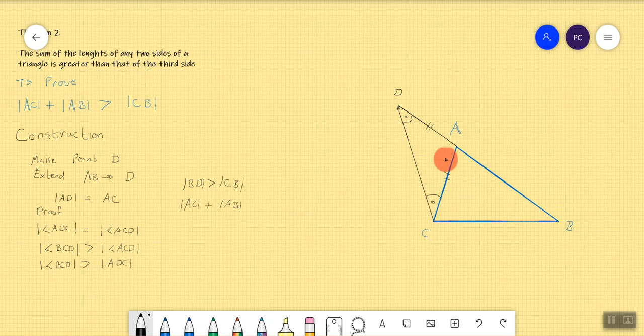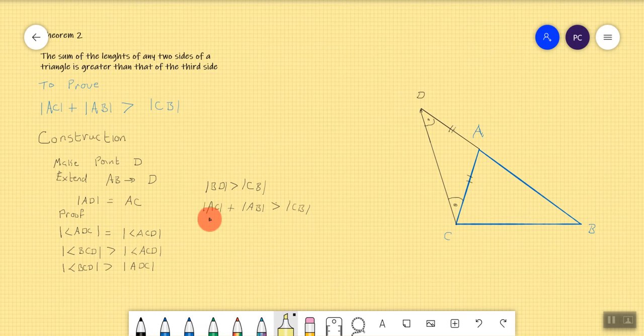And we can see that if this length B to D is bigger than this length here, C to B, then it only stands to reason that this side here added to this side here is also going to be bigger than C to B. So therefore, these two sides here are bigger than the side C to B. And this is basically what we've set out to prove.